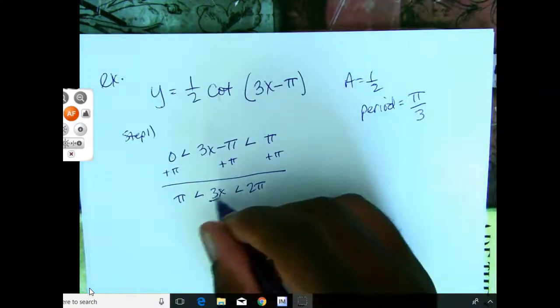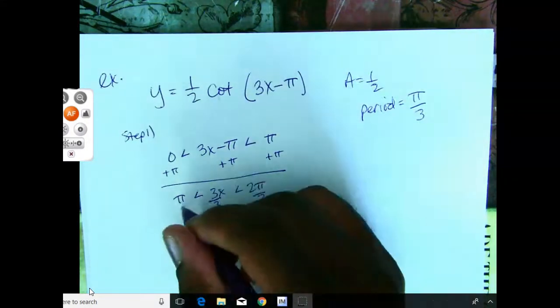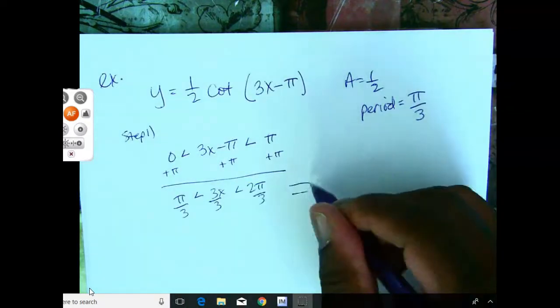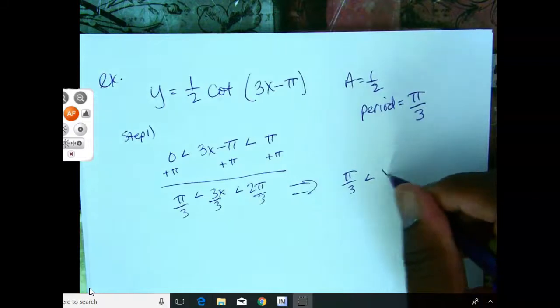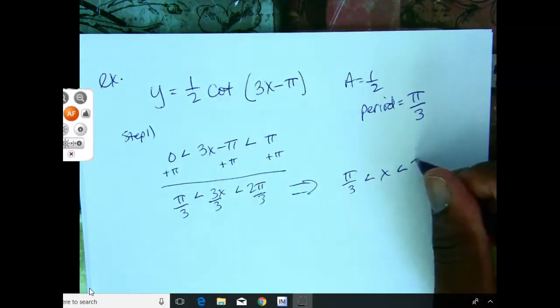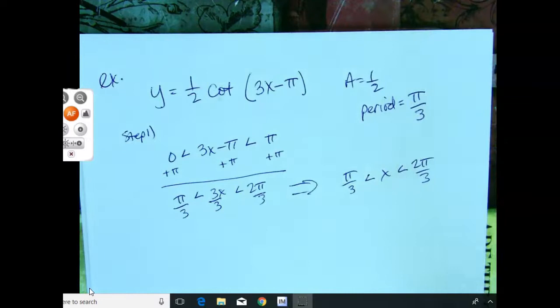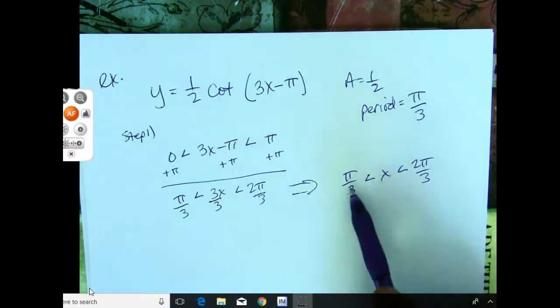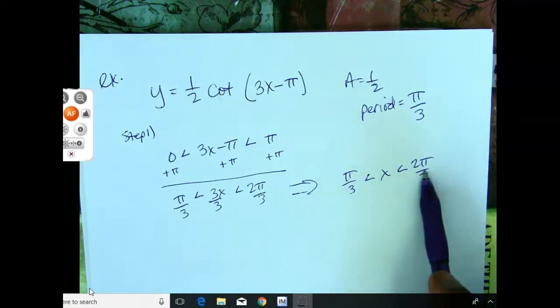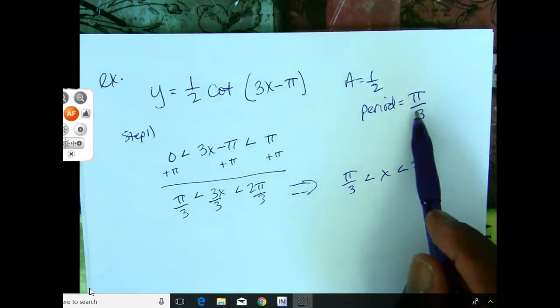Now we're going to divide everything by 3. And that's going to yield pi over 3 less than x less than 2 pi over 3. So our consecutive asymptotes are going to be at pi over 3 and 2 pi over 3. That period is still pi over 3.